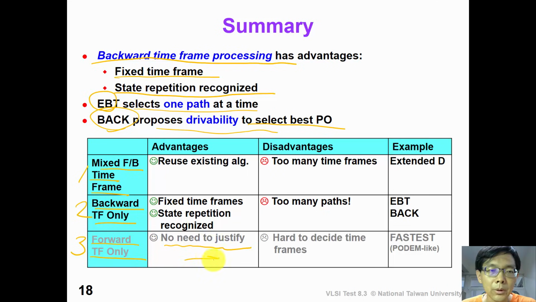We only perform a forward simulation. But it's very hard to decide how many time frames we need in advance. If you want to know more details about this kind of algorithm, you can search for papers such as the FASTEST algorithm, which is a PODEM-like algorithm.